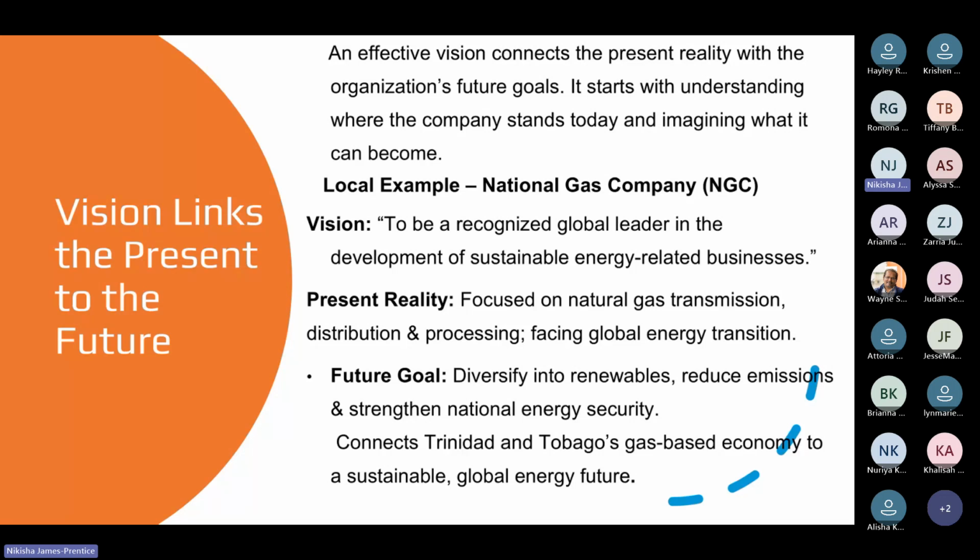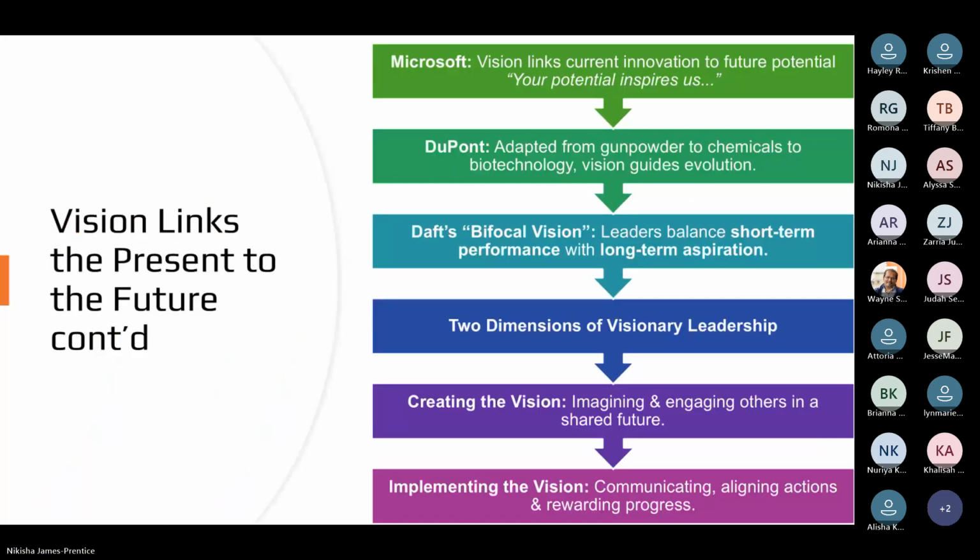This vision connects where the company currently stands in Trinidad and Tobago's traditional gas-based economy to where it wants to go, becoming a diversified, sustainable, and globally recognized energy leader.